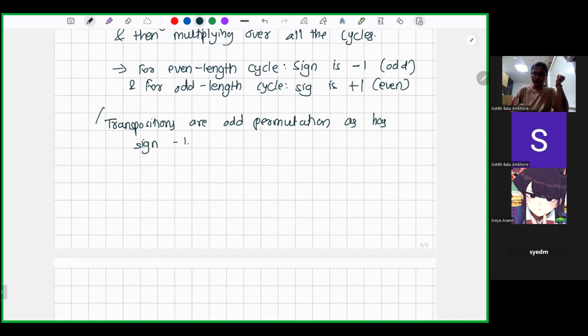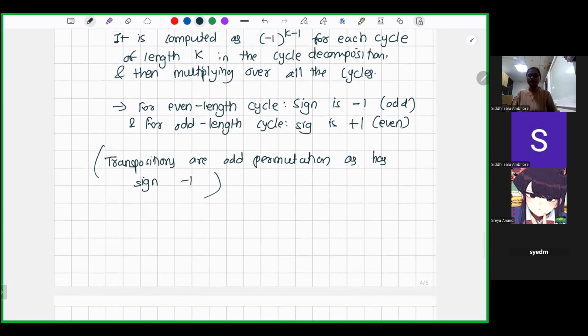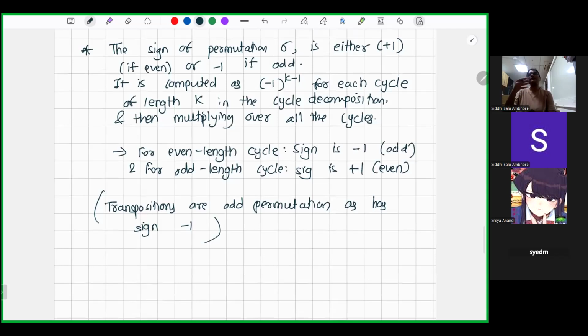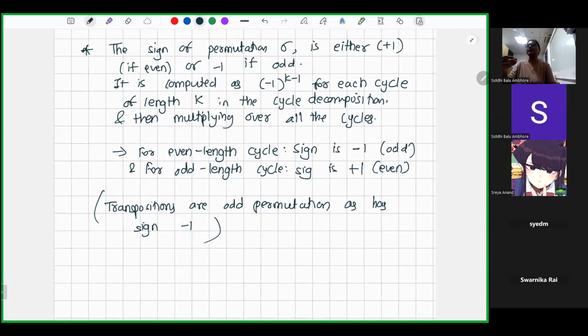Okay, so essentially this even length, odd length, and this signature of permutation, we say that every cycle can be decomposed as product of transpositions. How many transpositions we need in order to write that permutation as a product of transpositions is what we see.